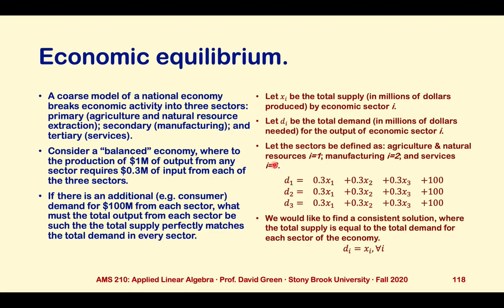Because of the structure of this, that everything is balanced, every sector requires exactly the same amount of input from each sector, and every sector has exactly the same consumer demand, the other 2 equations are identical. So we have 3 equations that look almost the same, but they have a different demand here. What we would like to find is a consistent solution where the total supply is equal to the total demand.